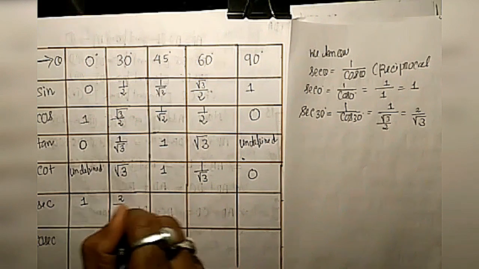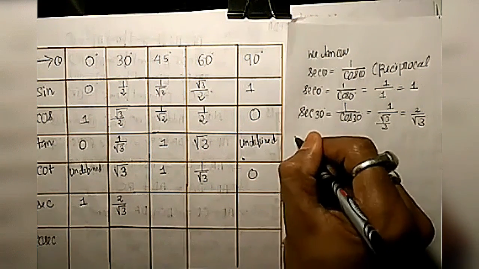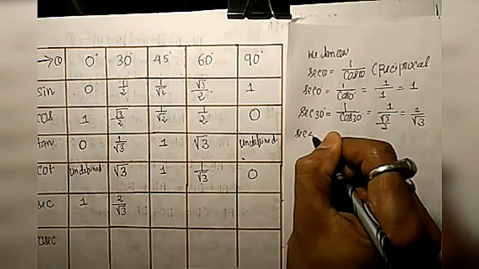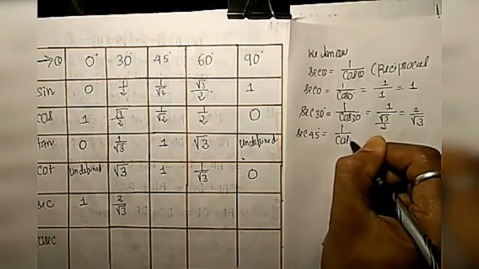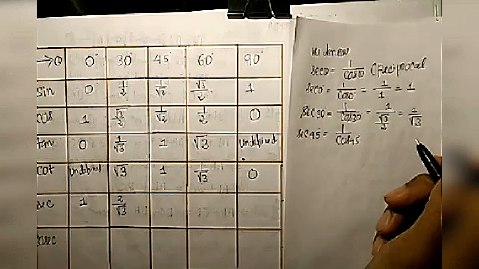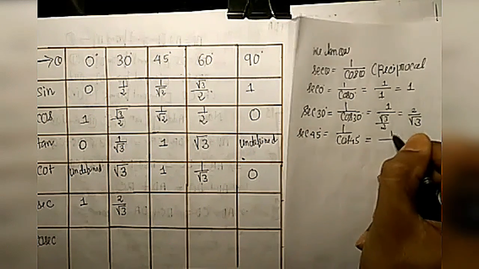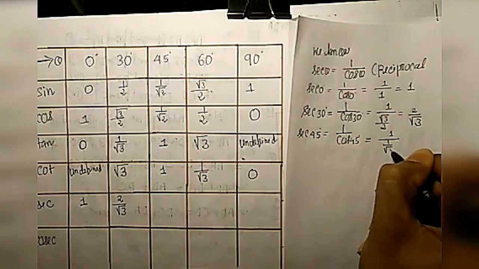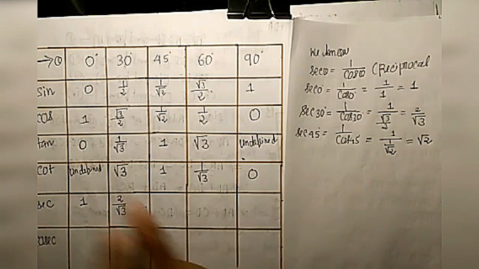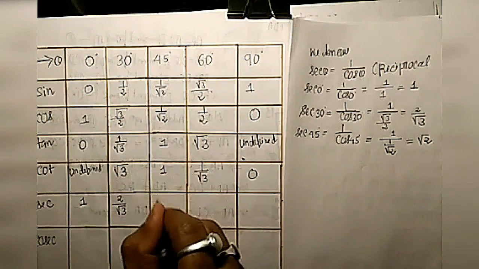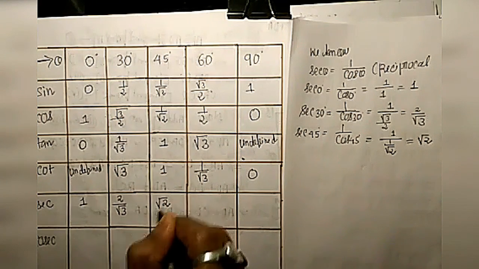Next, sec 45 degree is 1 by cos 45. So 1 by cos 45 means 1 by 1 by root 2, so it becomes root 2. So sec 45 degree is equal to root 2.